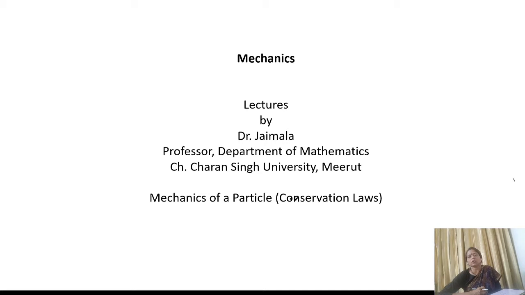In the long run, the mechanics was developed, and it went to the relativistic mechanics, the quantum mechanics, and other branches of mechanics. But the basic branch, the Newtonian mechanics, is the most important mechanics, in which the base is the Newton's laws.